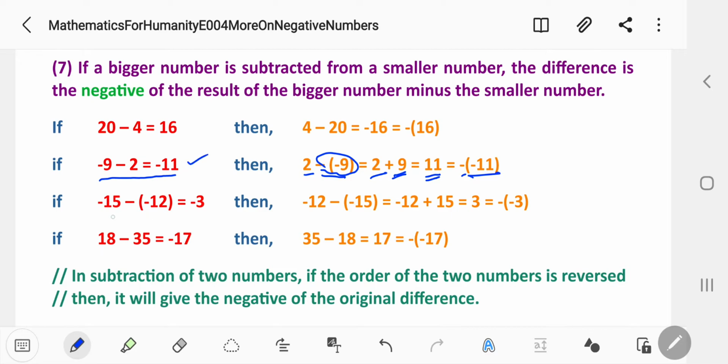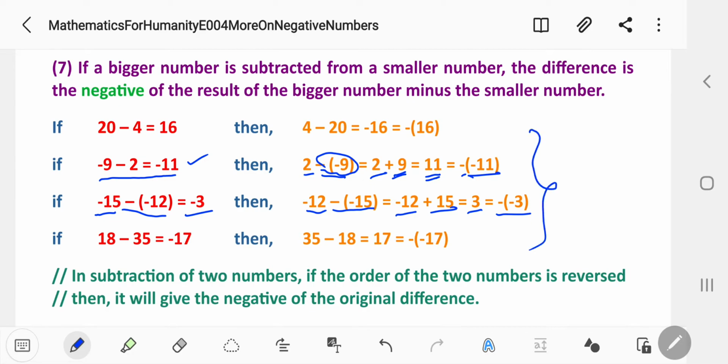This one, you have 15 minus negative 12 equals 3, and so negative 12 minus negative 15 is negative 12 plus 15. This is equal to 3. That's the negative of negative 3. Don't worry if you don't know this.